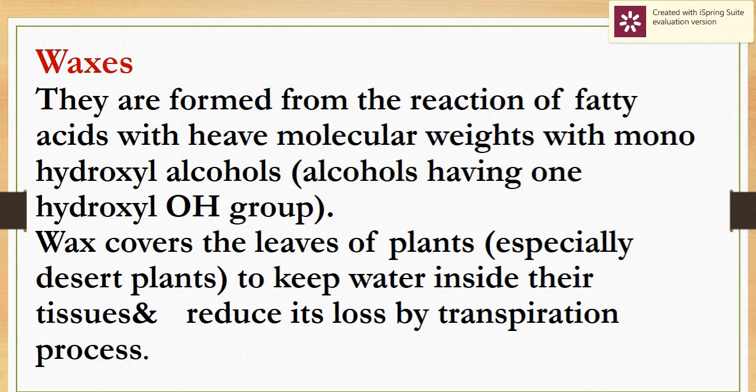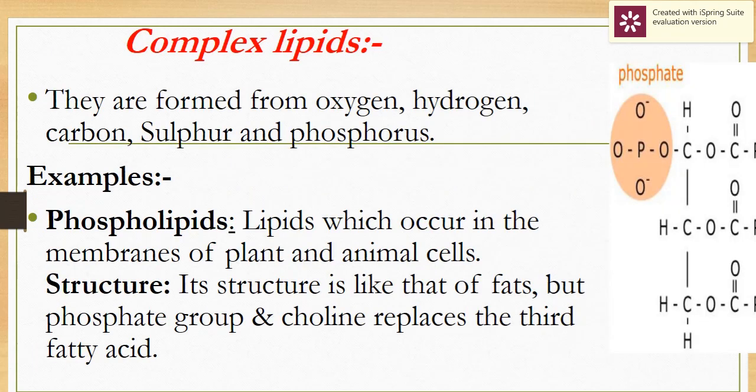The next type is complex lipids. Complex lipids are formed of carbon, hydrogen, and oxygen, but we have additional elements here. Phosphorus and nitrogen may be involved in their structure.